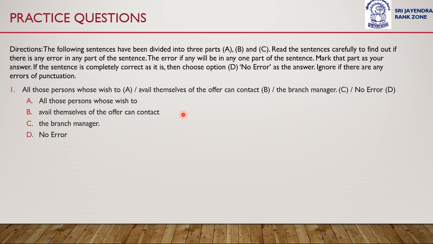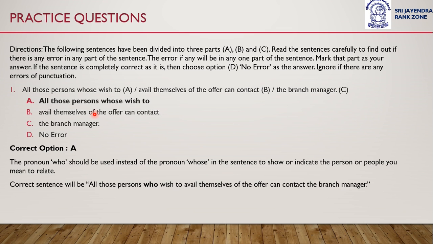So I hope you are done with this question. The correct answer is A. We cannot use whose, we have to use who. Why? The pronoun who should be used instead of the pronoun whose in the sentence to indicate the person or people you mean to relate.